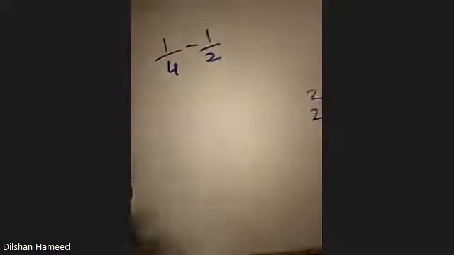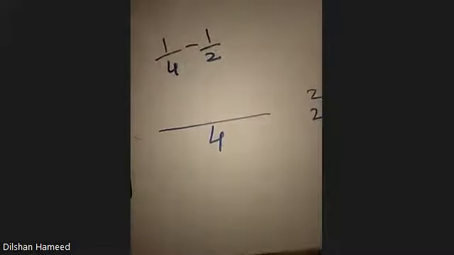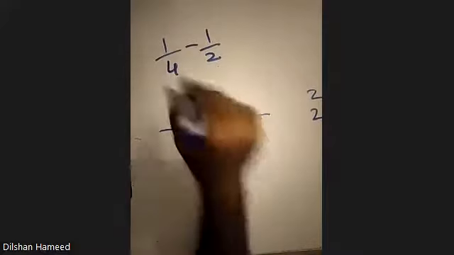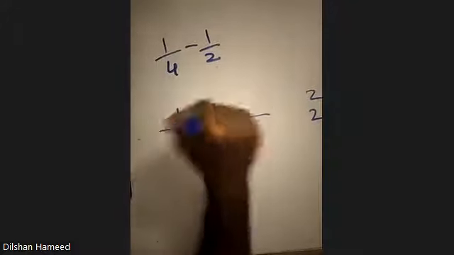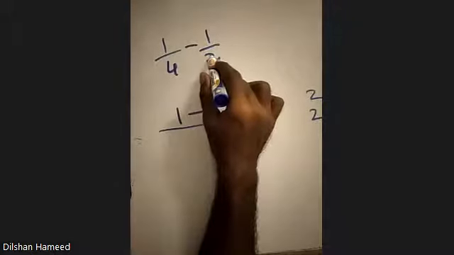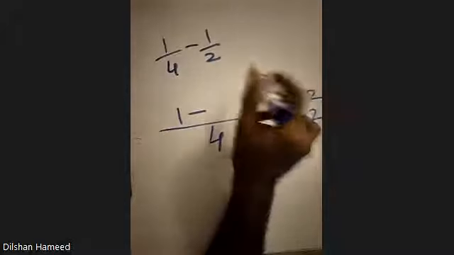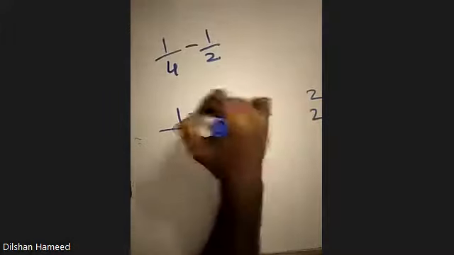So the common denominator is 4, right? So in this 4, it is 1 because there's only one 4 of it. So 1 into the numerator 1, it is 1. Minus, then you have 2, 2 2s are 4. So there are 2 4s. So 2 multiplied by the numerator 1, it is 2. So 1 minus 2, how much?